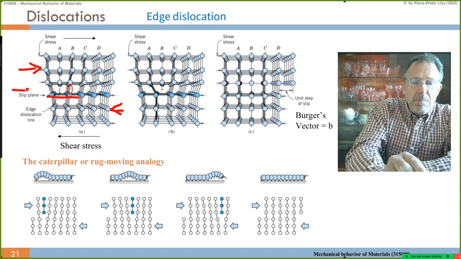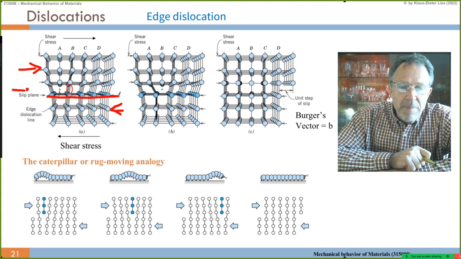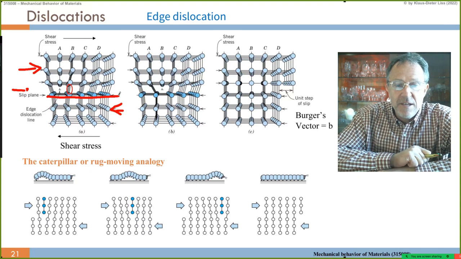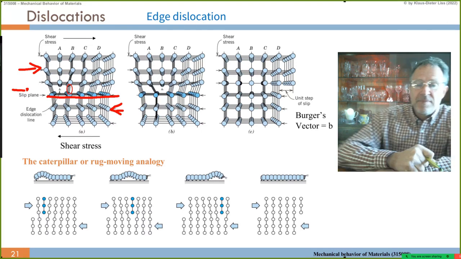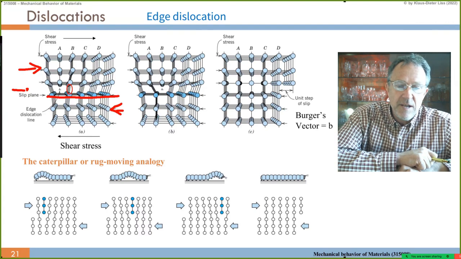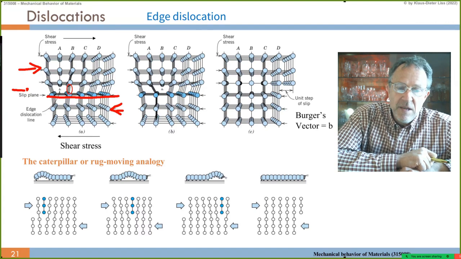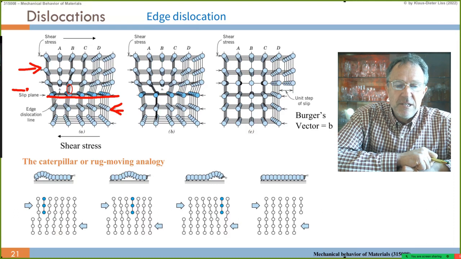We have the slip plane, which is this plane, just below the dislocation. So the dislocation ends on the slip plane. This is where the dislocation line is located. You see the plane above has one row more of atoms than the plane below. So this is called the slip plane, and we have the dislocation.